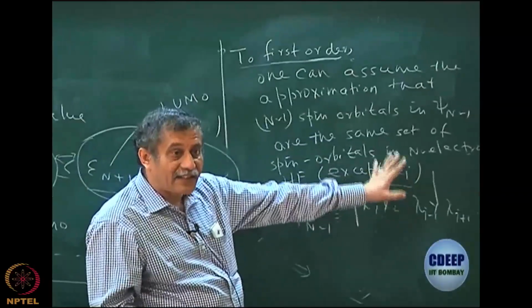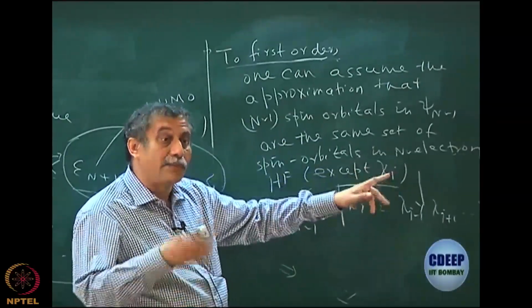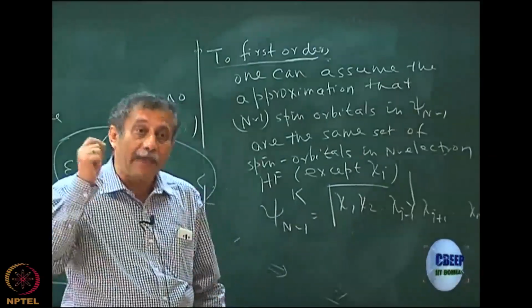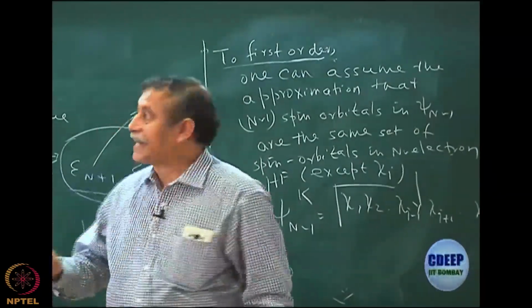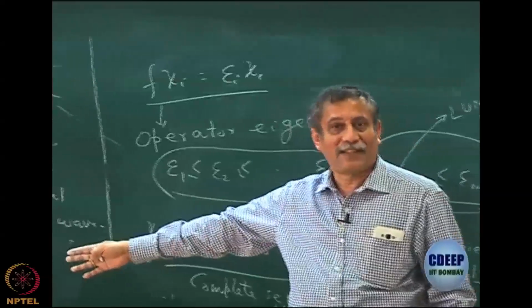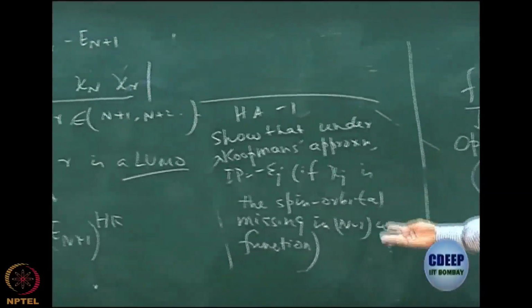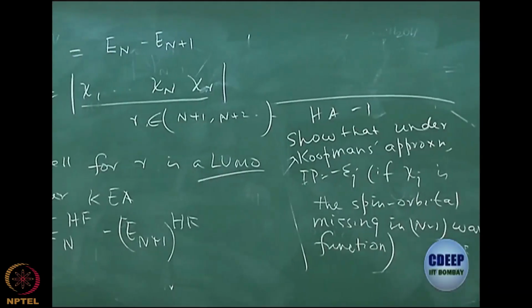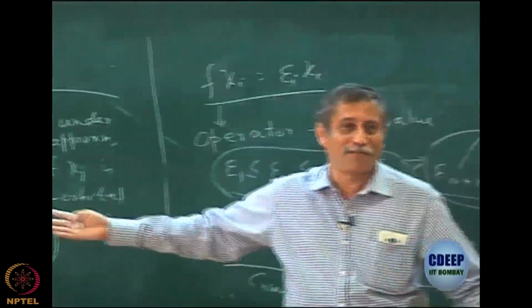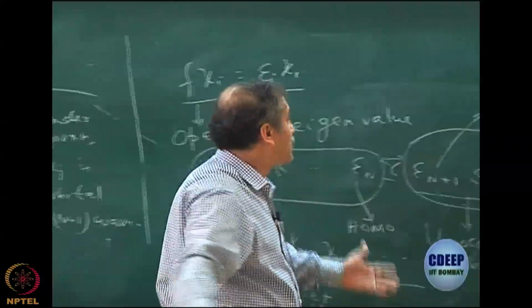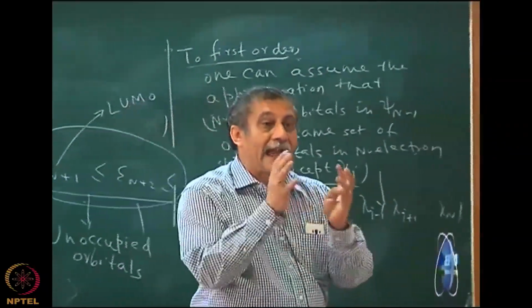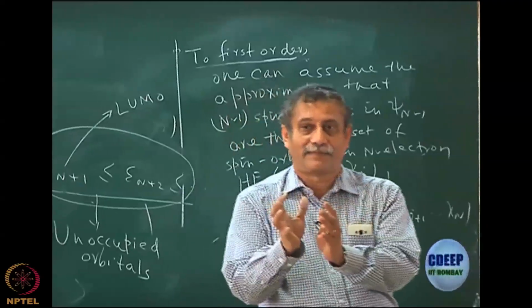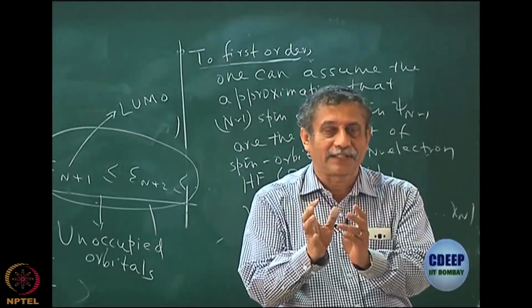Of course, this is an approximation, but the error is only beyond first order, and that was the main content of the Koopmans approximation. The rest is history, because if it is so, it is going to be so. What is so great about that? Because this is only an application of Slater rules. Koopmans cannot get credit out of this. So the real Koopmans approximation was the application of the variation method and analyzing the error bar. That is the most important thing.